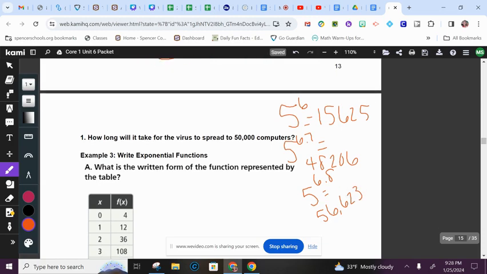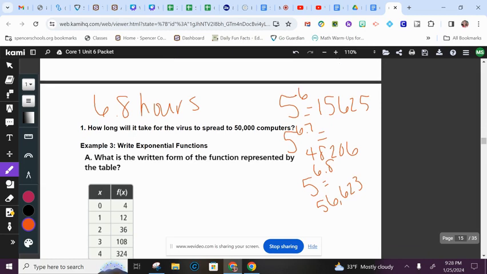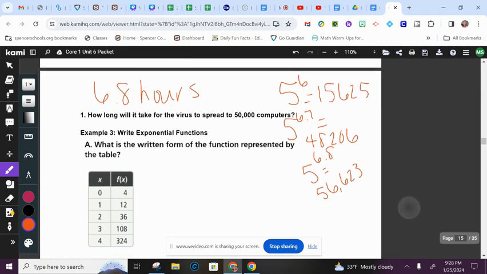If you want to get to the hundredth and thousandth, you are more than welcome to try a little more, but it's going to take a little bit before 6.8 hours to spread to 50,000. So a little over 6 hours, not very long.